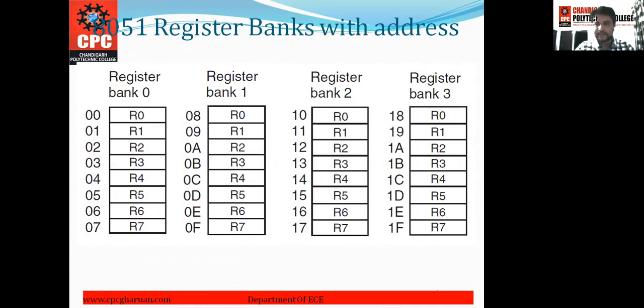Register bank 3 ranges from 18H to 1FH. This is the structure of a register bank of 8051 that we will use for storage purposes. Actually, register banks are used for temporary storage purposes.